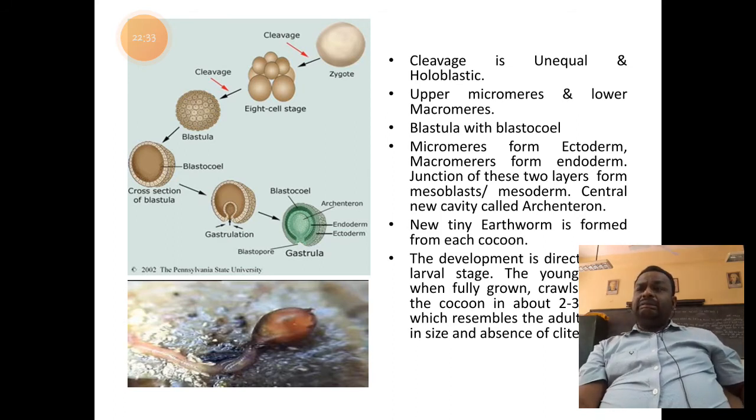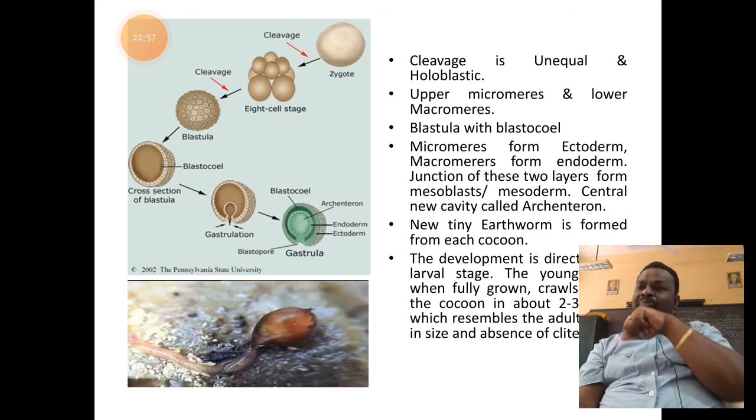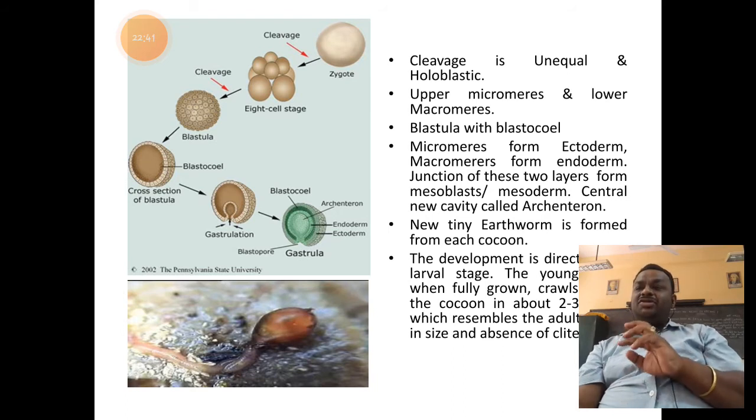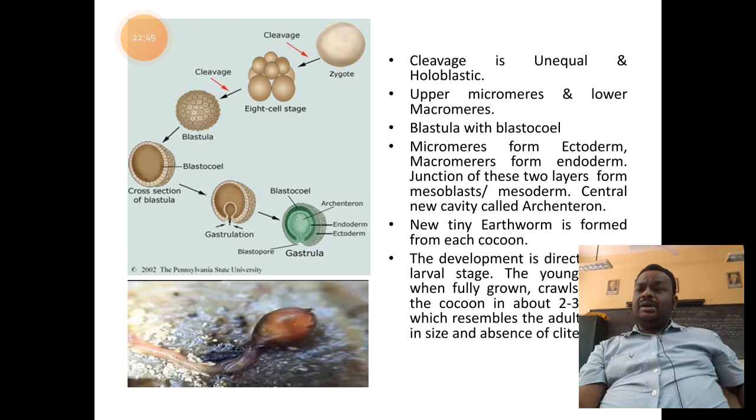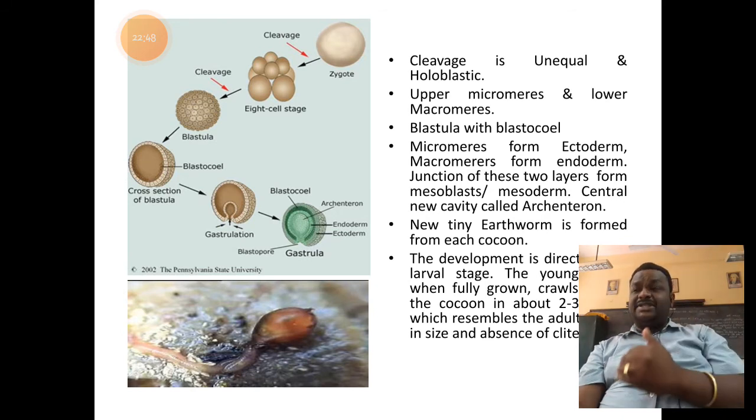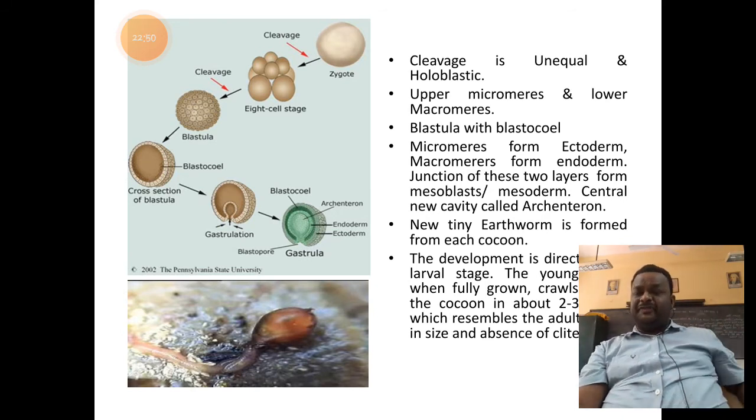And the outer or upper ectodermal cells first grow into invagination, forming a double layered structure with a new cavity of archenteron, and mesoblast cells will divide to form mesoderm layer in between.